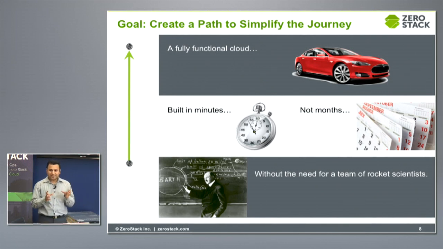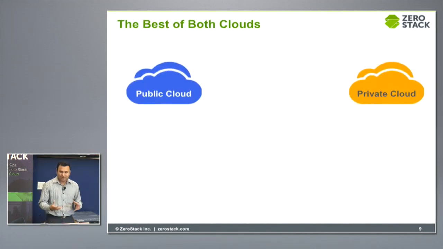So we are trying to create a solution which is different from what exists today. You cannot be doing the same thing and expect a different outcome. So we have created a new model and a new approach to actually building the cloud. So how are we really different? When we started the company, we looked at the two existing dominant models, the public cloud model and the private cloud model.